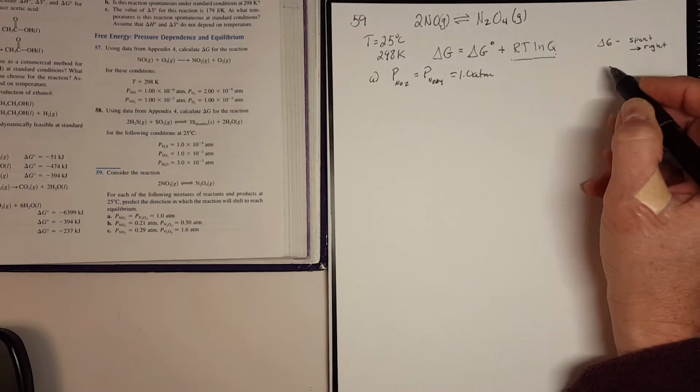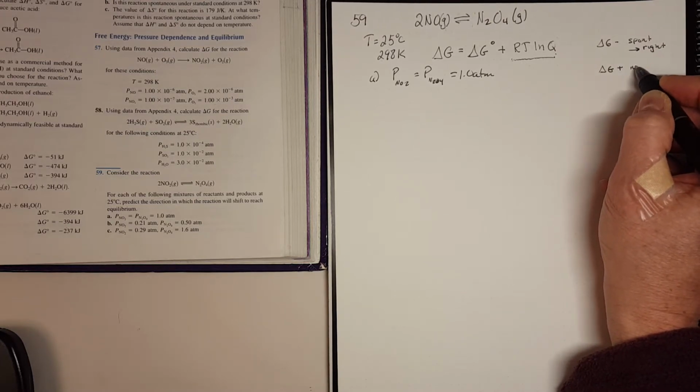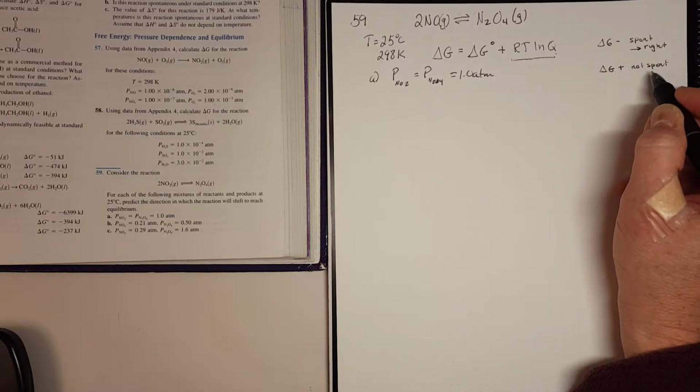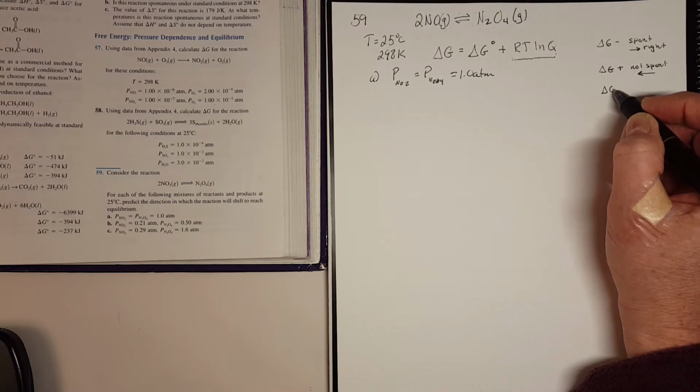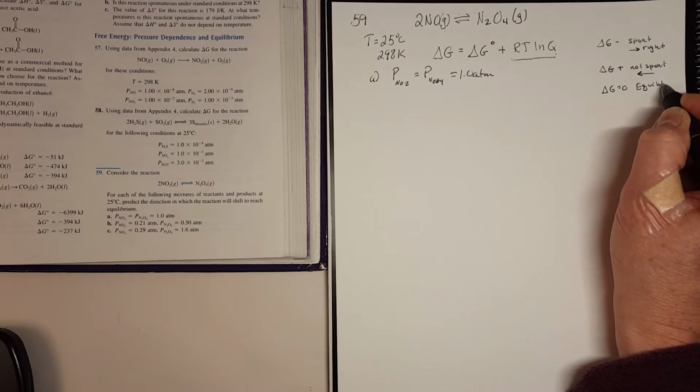it will shift to the right. If delta G is positive, it's not spontaneous, and when it's not the standard state delta G, that means we're going to shift to the left. And when delta G is equal to 0, you're at equilibrium. Okay?